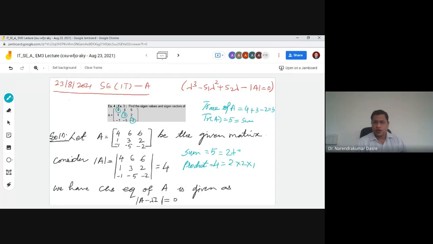Correct. So it is 2 plus 2 plus 1. And these are going to be the eigenvalues: 1, 2, 2. This is the first guess. Now we'll see whether we actually get these eigenvalues or not.